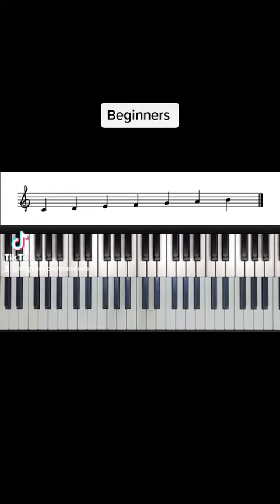So using this C major scale, if we wanted to play a C chord, we play the first note, which has to be a C since we're playing a C chord, and then we skip the next note, and we play this one, and then we skip the next note, and we play this one. This then gives us 3 notes, which if we play together, gives us a C major triad.